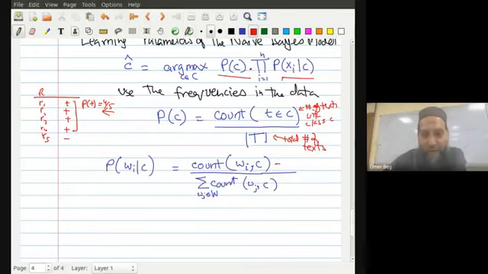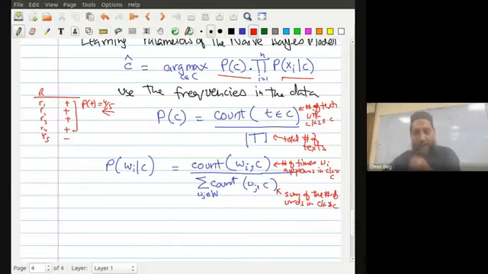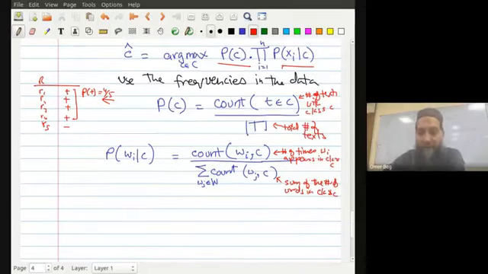So let me jot it down. This is saying the number of times wi appears in class C, and this here is saying the sum of the number of words in class C, the total number of words that appear in class C text.